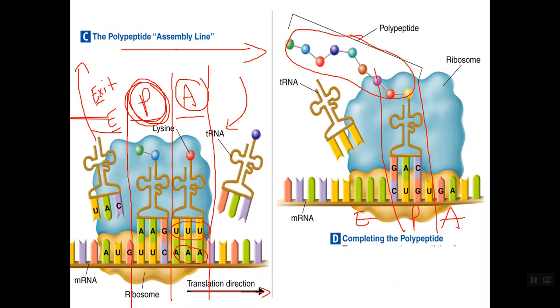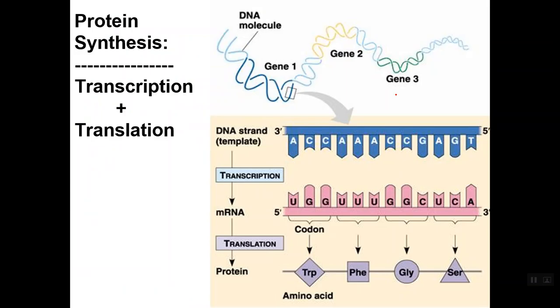I will post a separate video that shows this all in motion. I know it's hard to visualize, but the video that actually moves will help visualize this process. But in terms of quizzes or tests, you have to know the key players. You have to know what they do. And you should be able to identify any of these if I gave you an image.